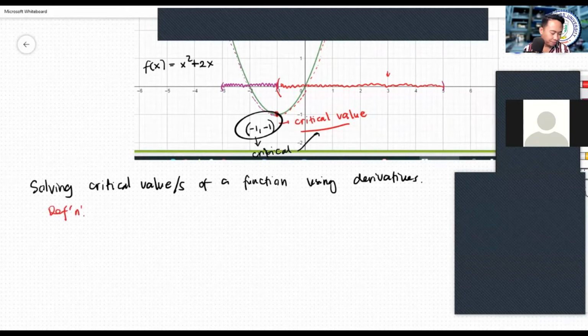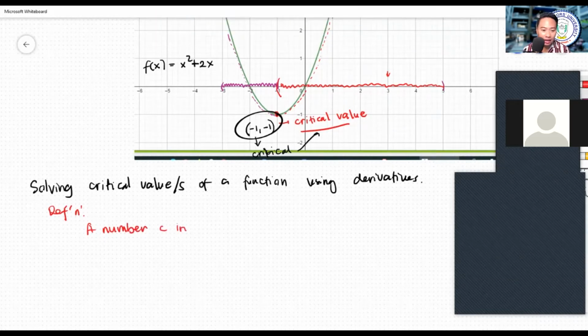A number, this is actually in the books, guys, so you can refer to the book. A number C in the domain. So, this number C, guys, this value of C is part of the domain. In other words, this can only be taken from the x values.